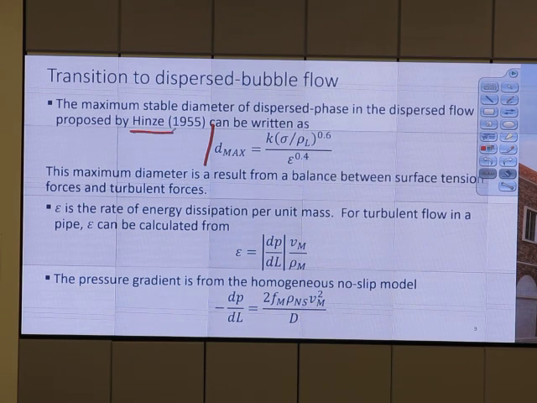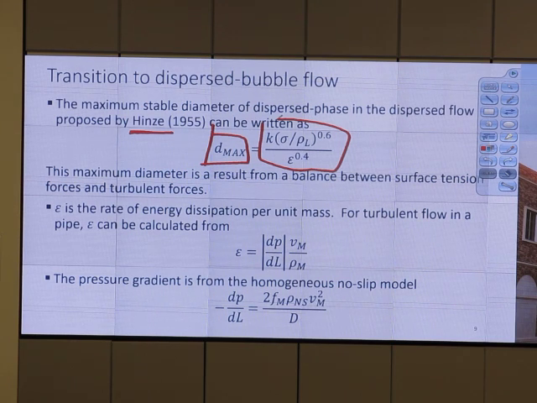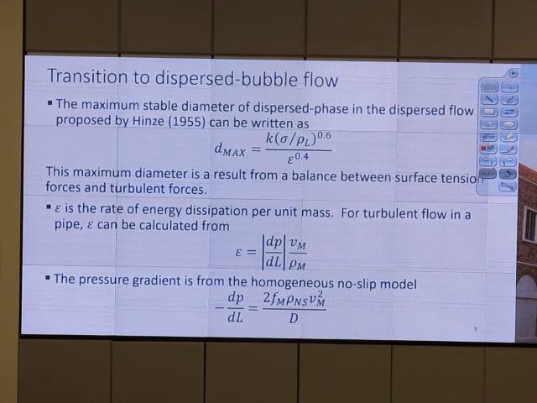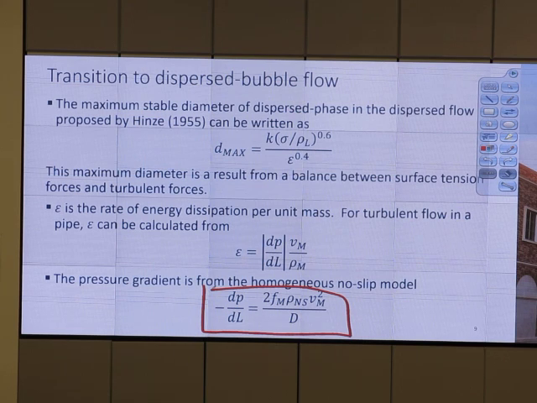It doesn't have E. We have D max equal to K sigma over rho to the power of 0.6, and epsilon here is not roughness, it is the rate of energy dissipation calculated from the turbulent flow model. If we have a diameter bigger than D max, it is not going to be stable. The pressure gradient we calculate from the frictional pressure loss.